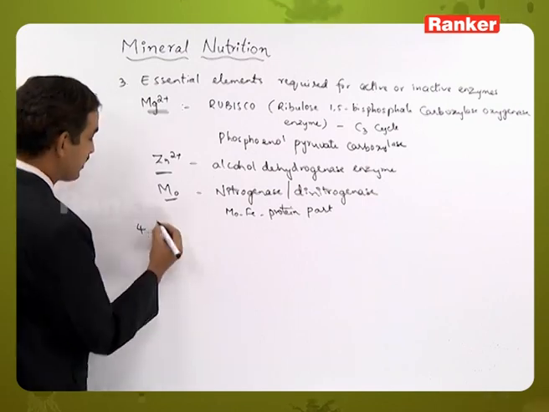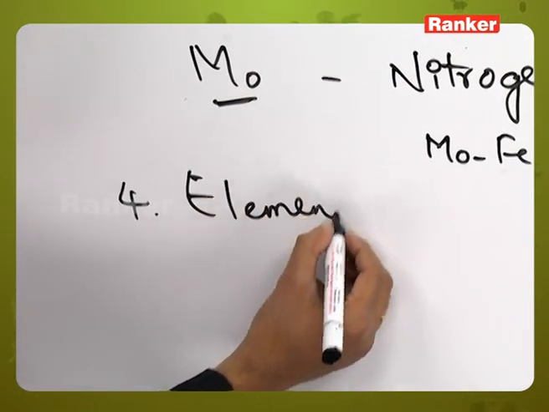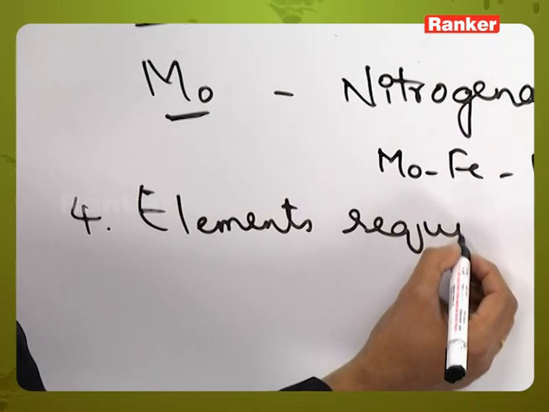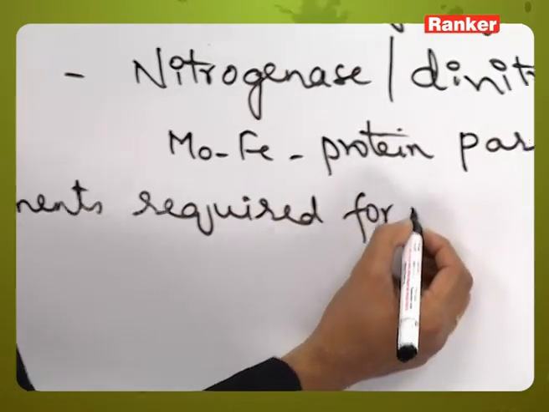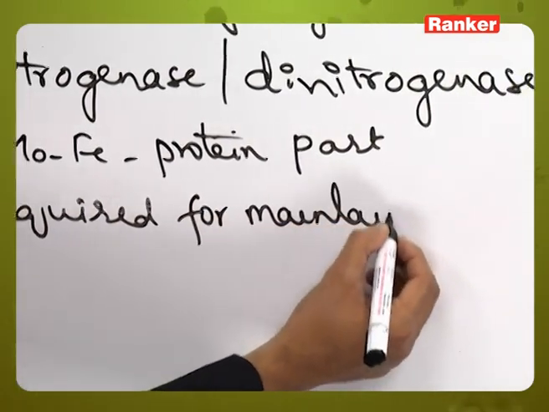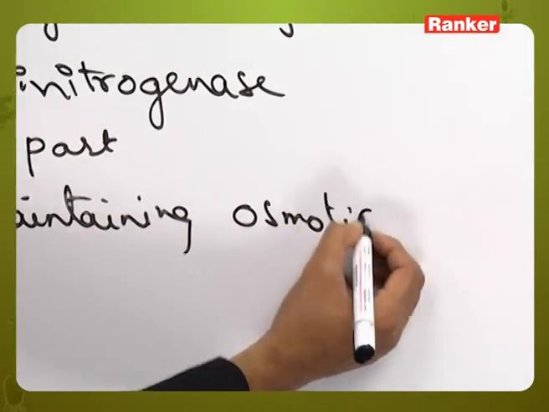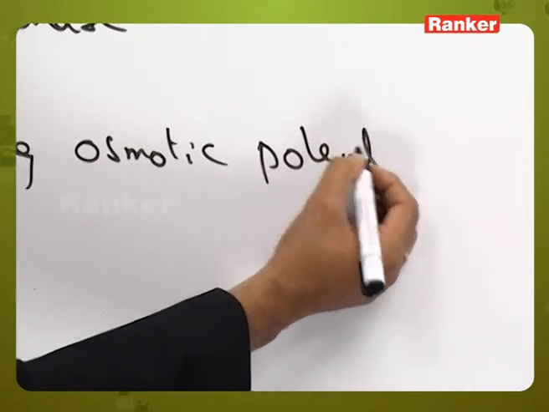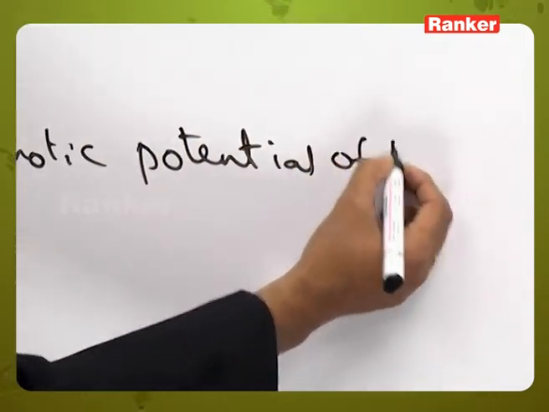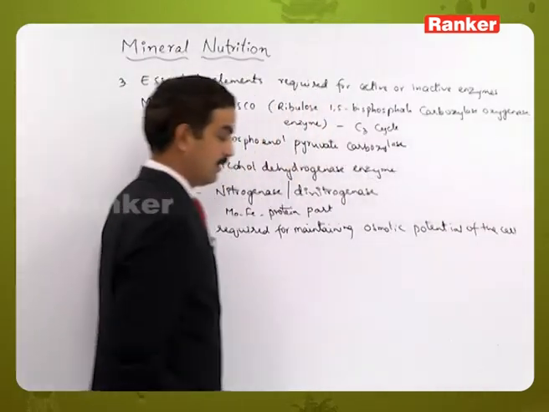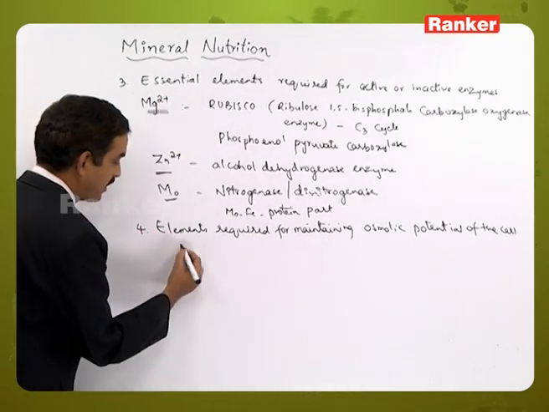Fourth one, the elements required for maintaining osmotic potential of the cell. Like let us take the example of potassium.